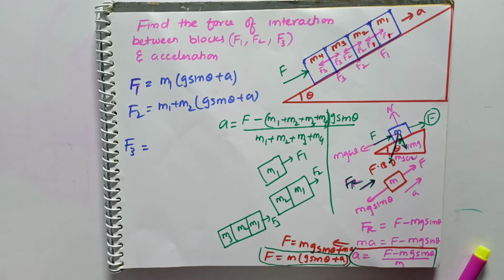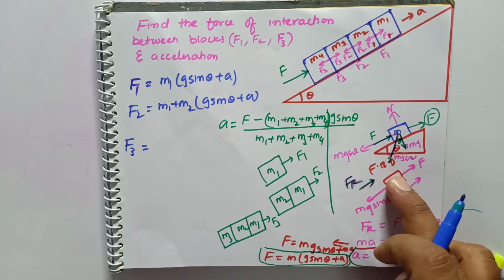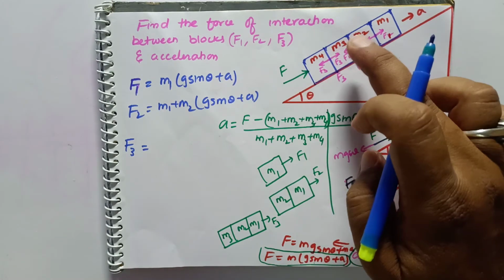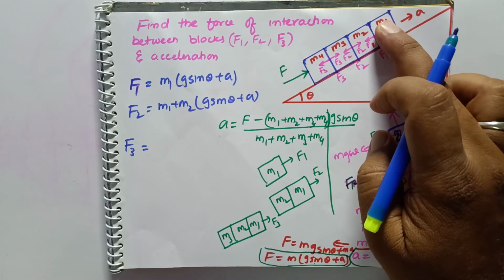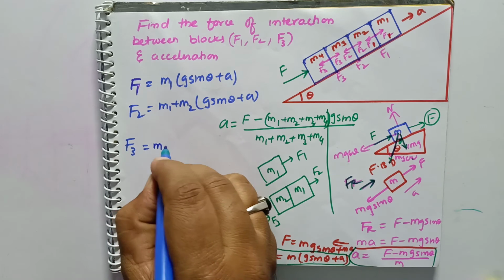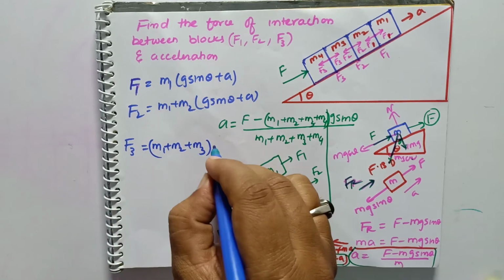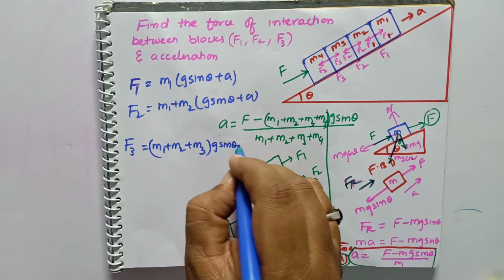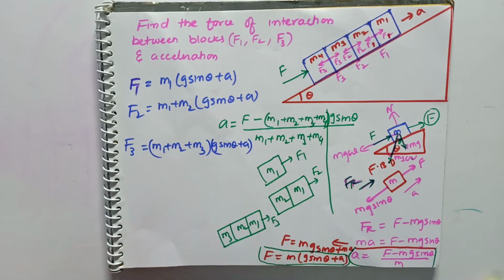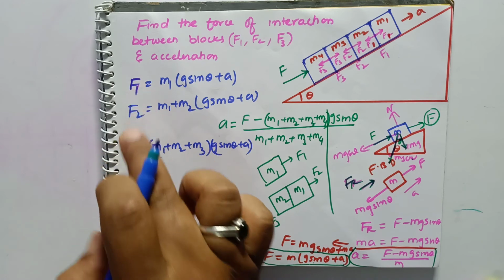Here f3 is acting on the 3 masses, so you will write m1 plus m2 plus m3, and the remaining things are the same, g sine theta plus a. That's it. This is the formula for finding f1, f2 and f3.